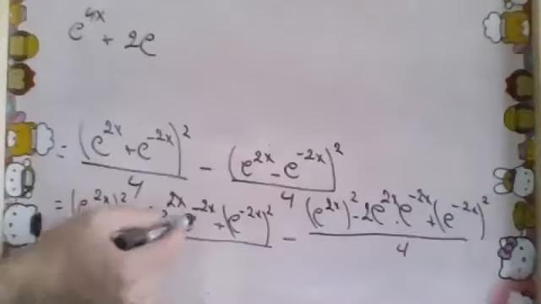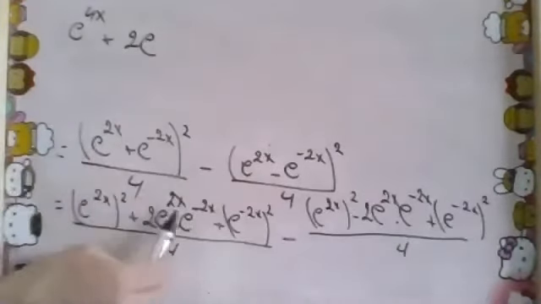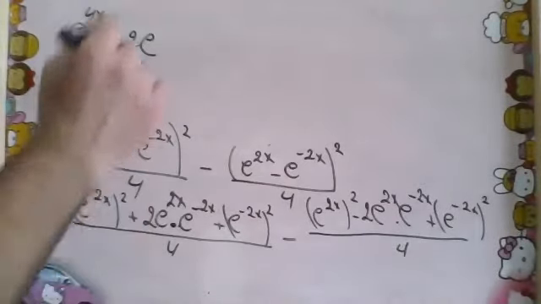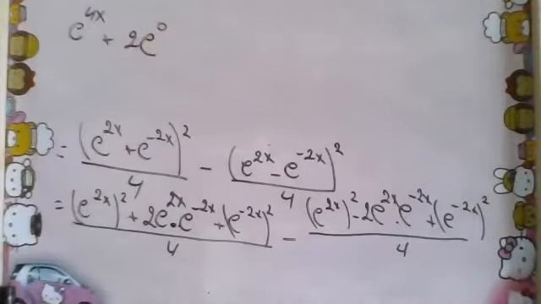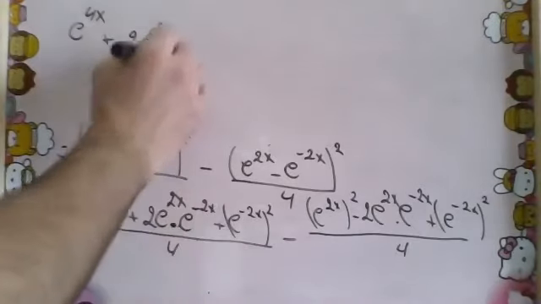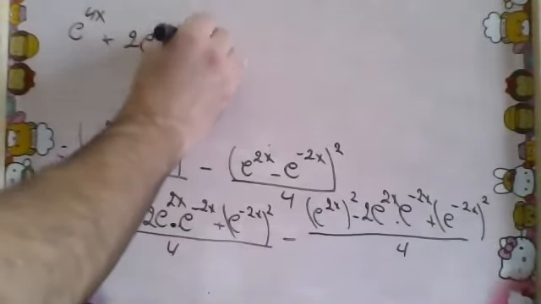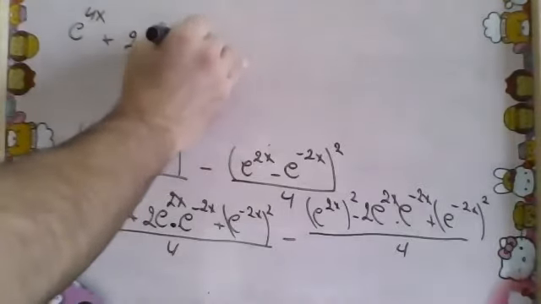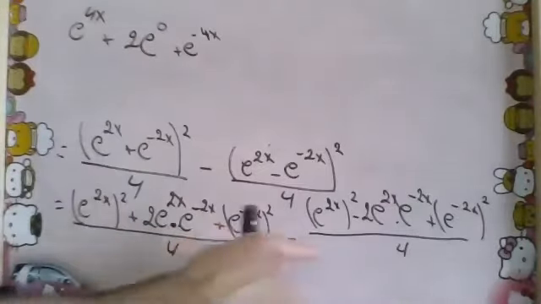E power a times e power b, the exponents 2x plus minus 2x cancel each other, so it gives 0. So e power 0. Now in this one plus e to the power negative 4x. Negative 4x. Now to this one.